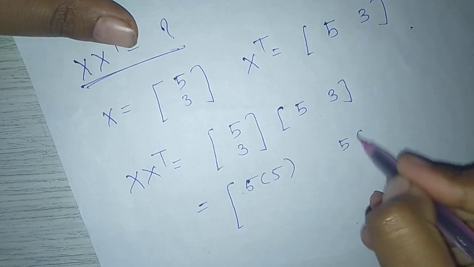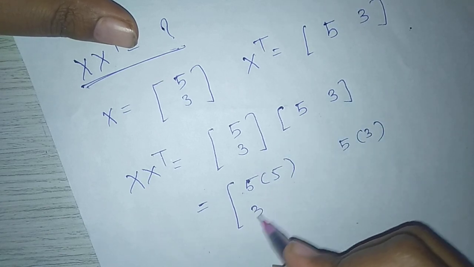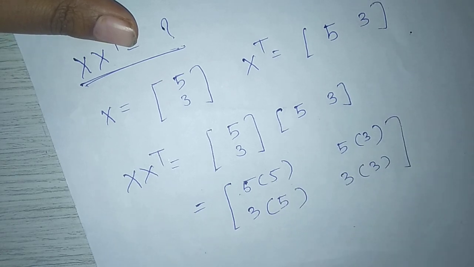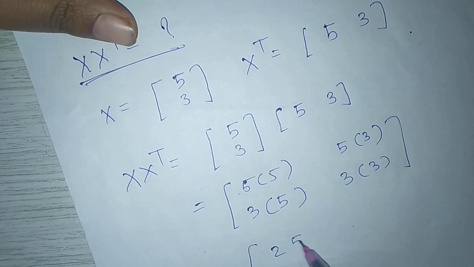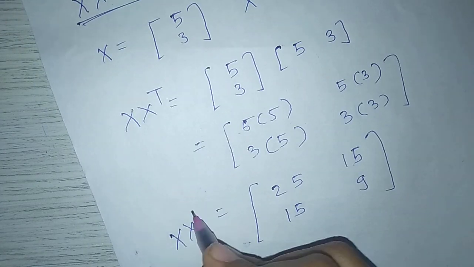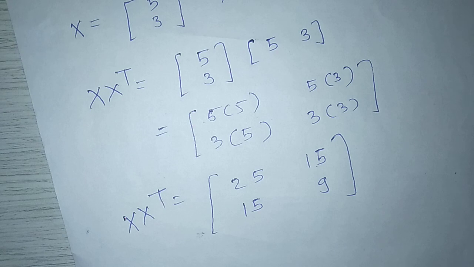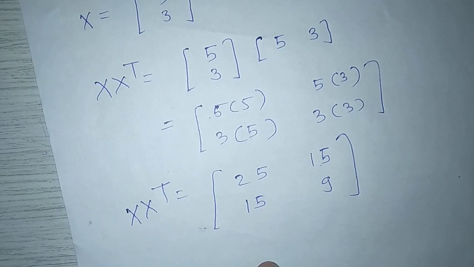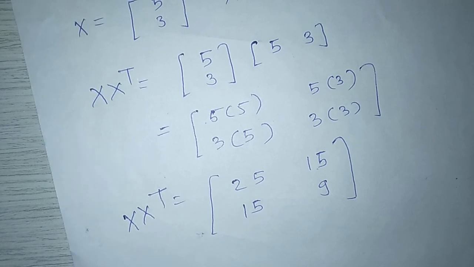Next entry 5 into 3. Next entry 3 into 5. Next entry 3 into 3. We get 25, 15, 15, 9 for x into x transpose. We stop here.